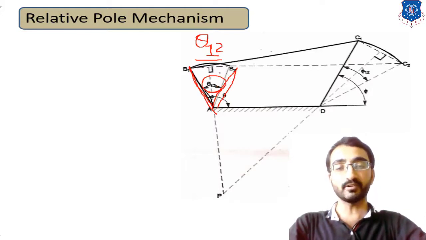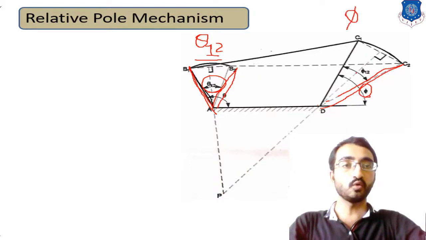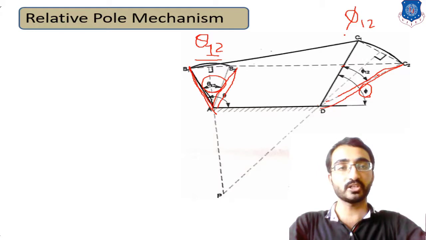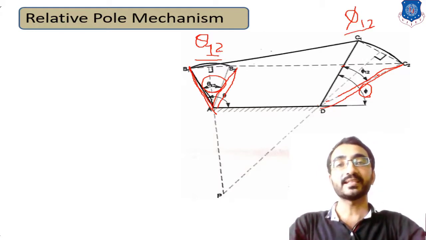Due to this theta 1 2 input, the output link, say C1D, rotates to its C2D position. The output angle phi moves from its first position to its second position, that is phi 1 2. This notation 1 2 defines the angle motion from position 1 to 2.